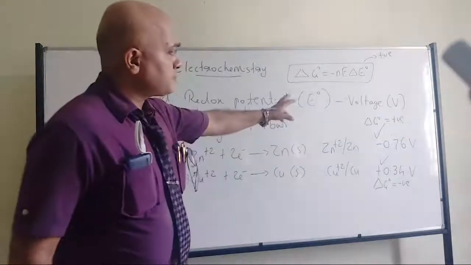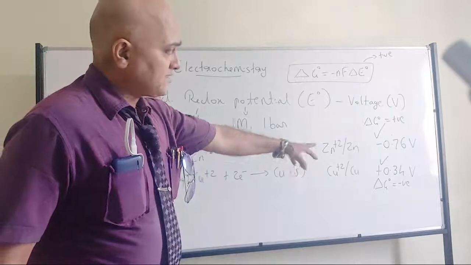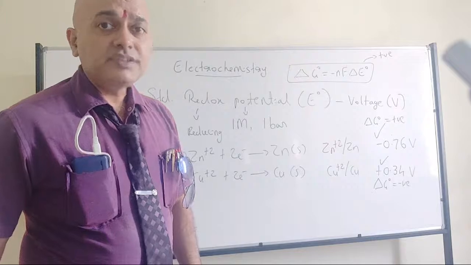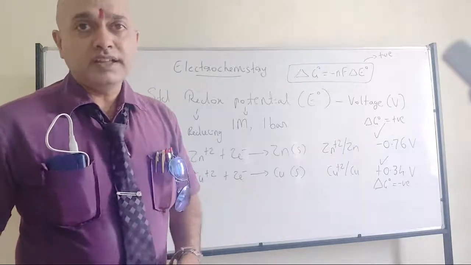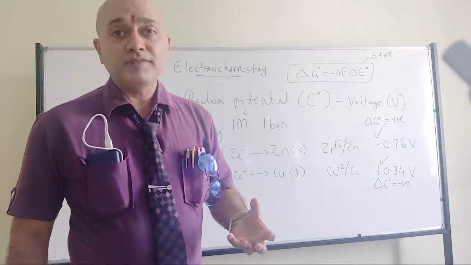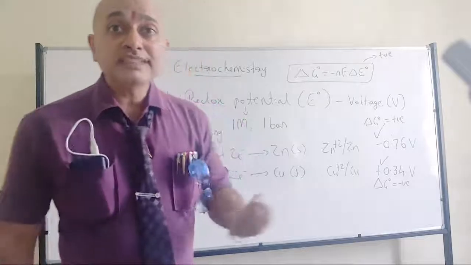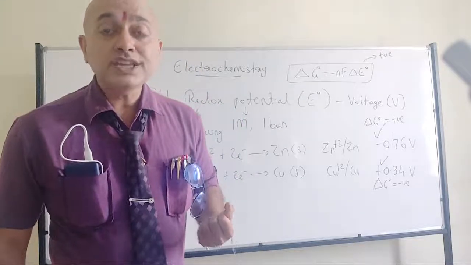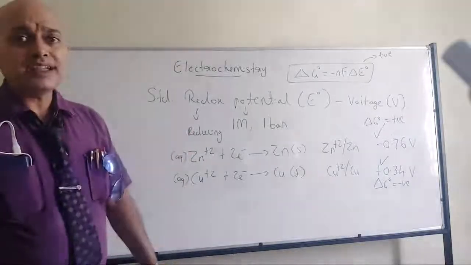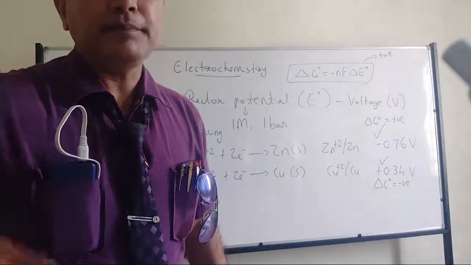Delta G naught is positive for the zinc ion, and negative for the cupric or copper ion. Naturally both don't have the same value, so there is a difference. One will take electrons very easily, and the other will be a poor acceptor of electrons. My question is, which is the good acceptor of electron among these two, cupric and zinc ion? You can just mention the ion name.